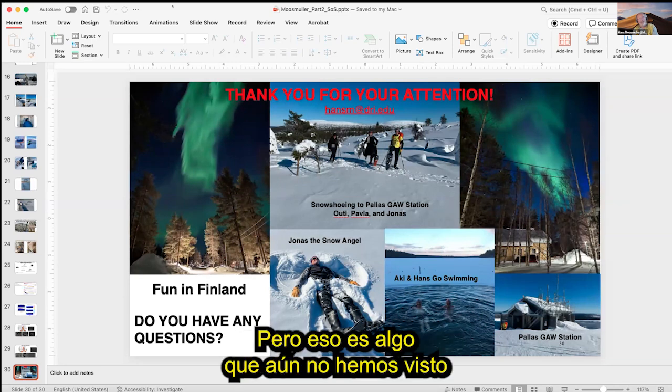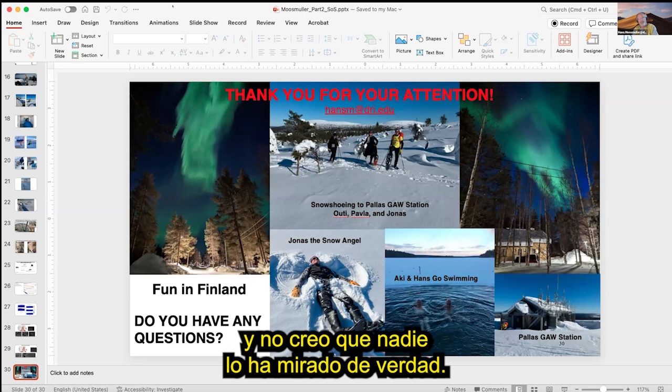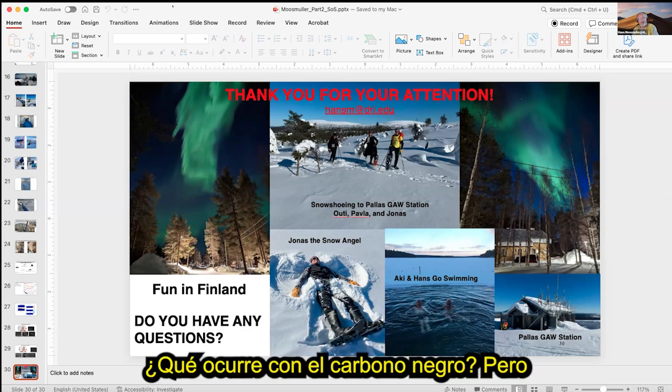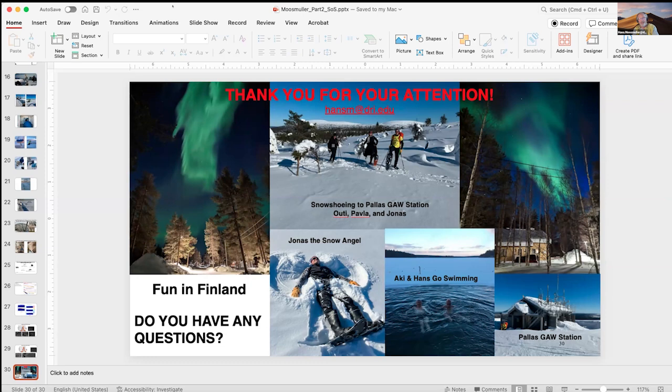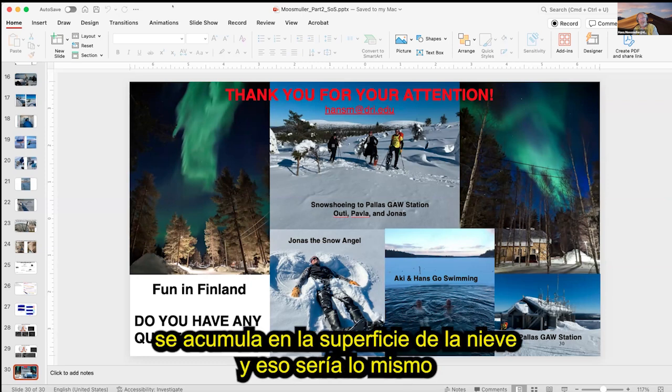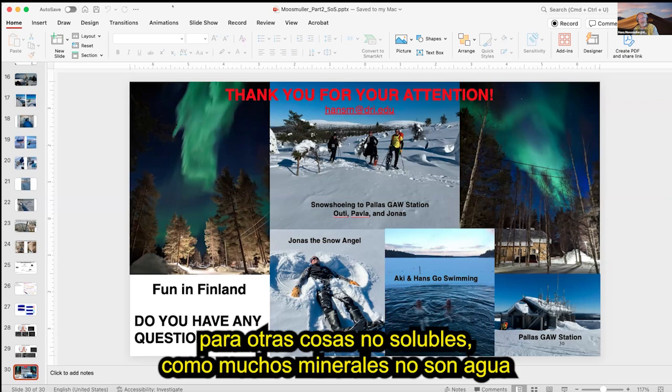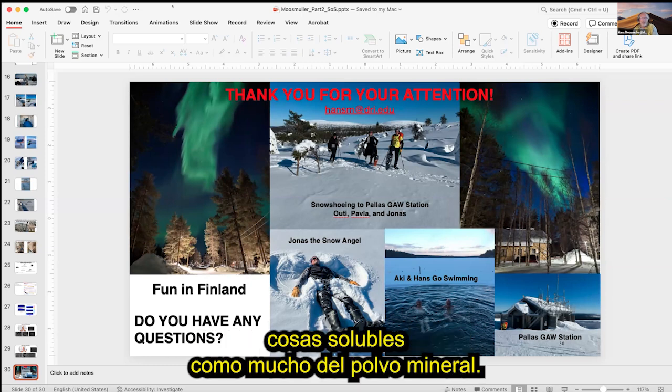But that's something we haven't really seen yet, and I don't think anybody has really looked at what happens to the black carbon, but we've seen evidence that it collects on the snow surface, and that would be the same for other non-soluble things, like a lot of the mineral dust.